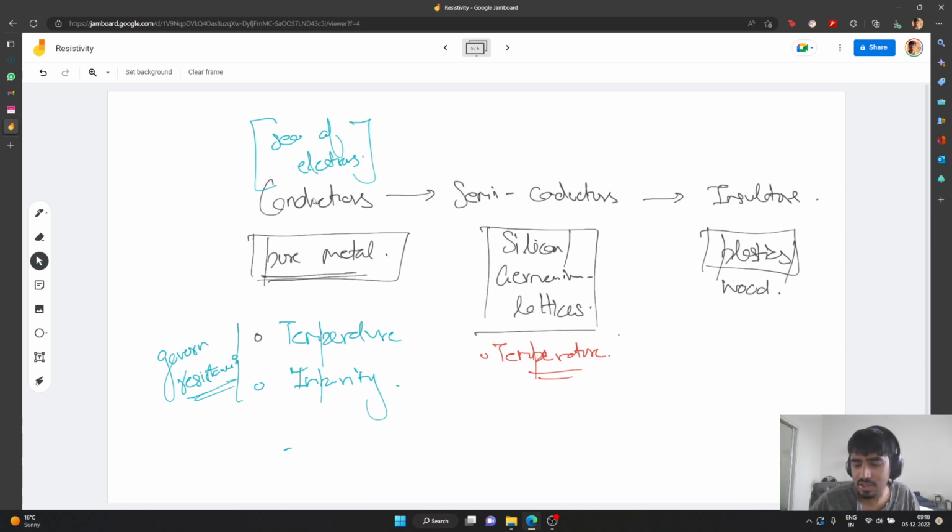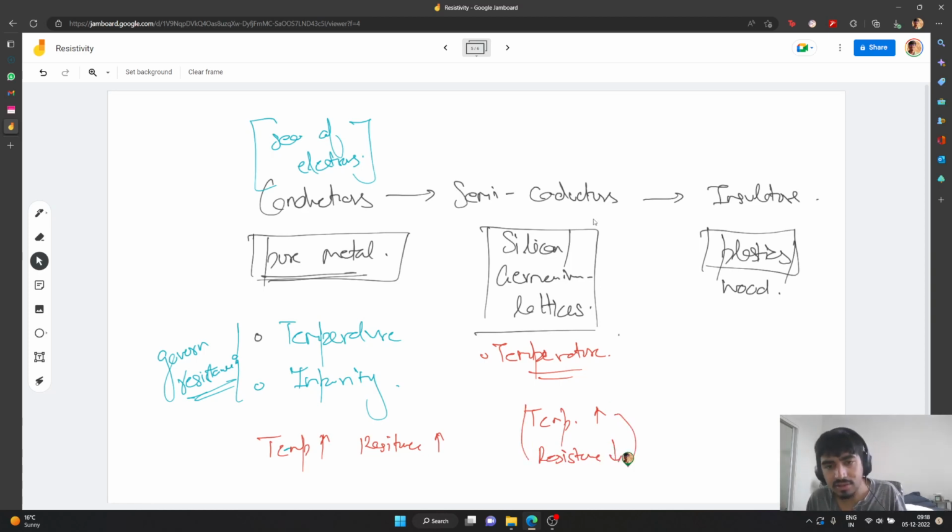So it also makes sense why we call them semiconductors. They're somewhere in the middle. Their resistance is somewhere in the middle, their conduction is somewhere in the middle. So just to repeat, for conductors, when temperature increases, the resistance also increases because of that extra collision. But in a semiconductor, when temperature increases, the resistance decreases.